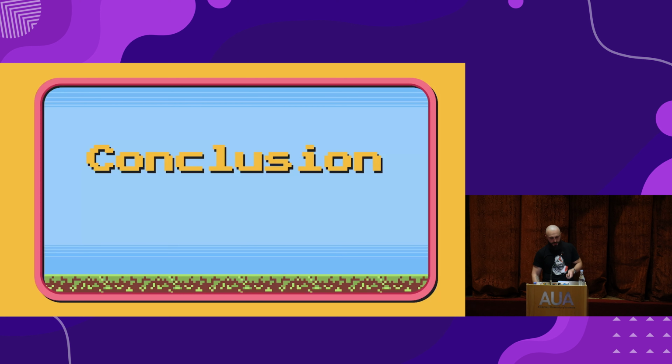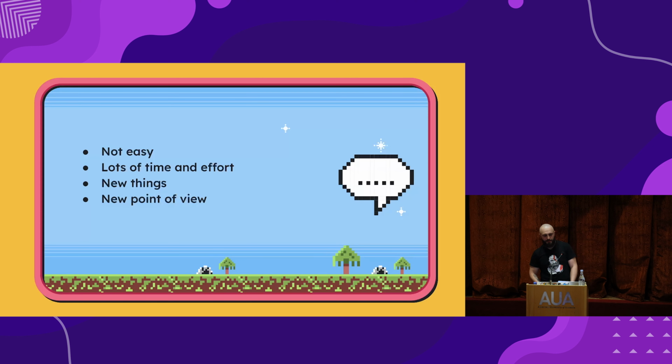So, the conclusion part. Making a game engine is not that easy. To be honest, I didn't know what I was going to dive into when I started it, and I regret it, but I started it, so I have to go till the end.